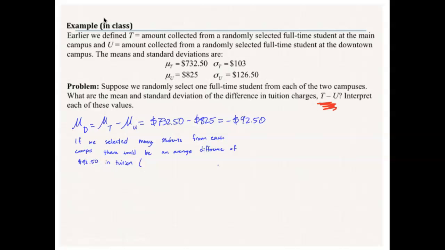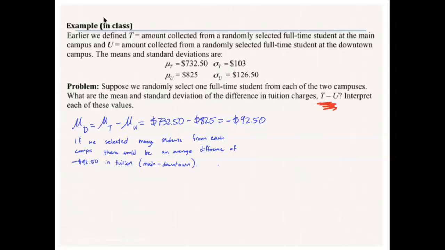And that's, I guess, Main minus Downtown. Downtown. And I should say negative 92.50.